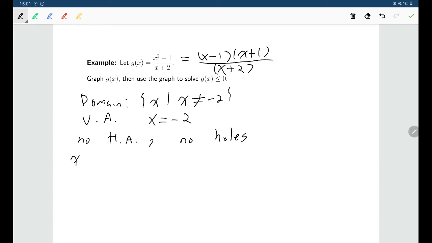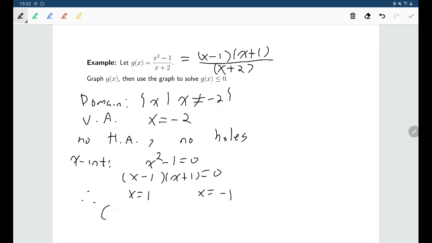If we're looking for x-intercepts, x-intercepts happen when the numerator is 0, which has already been factored out, and so we can find that x is equal to 1 or x is equal to -1, or in other words, the point 1, 0 and the point -1, 0. Notice for behavior that both of these factors show up exactly once, which is odd multiplicity.